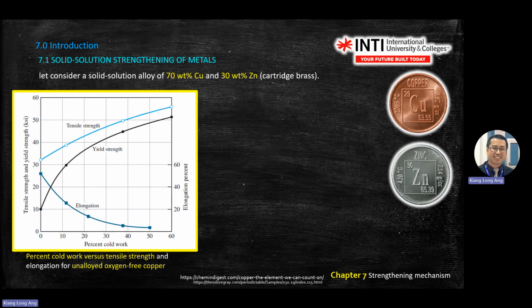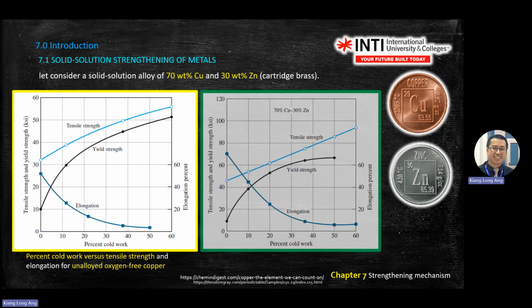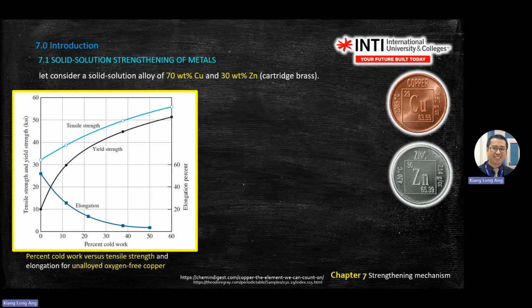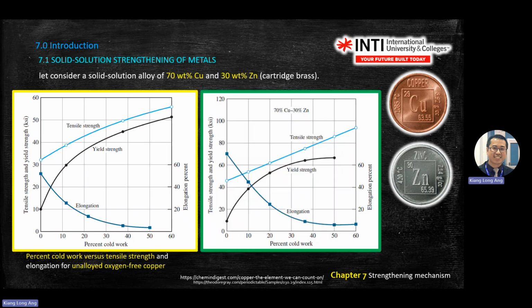If you are given this graph in the test, I should give you the legend for what is blue and white. This one is the percentage of cold work, strength, for oxygen-free copper. So this one is copper.